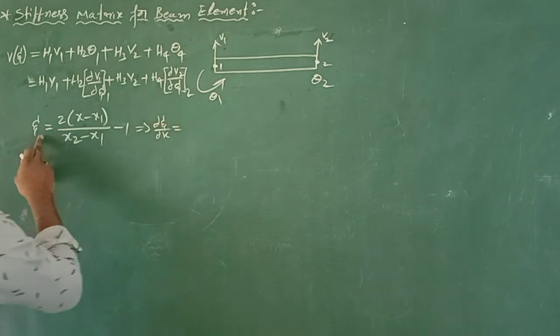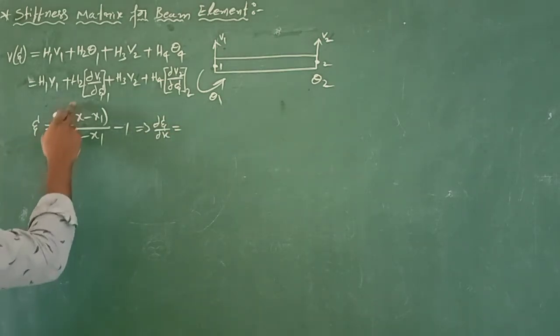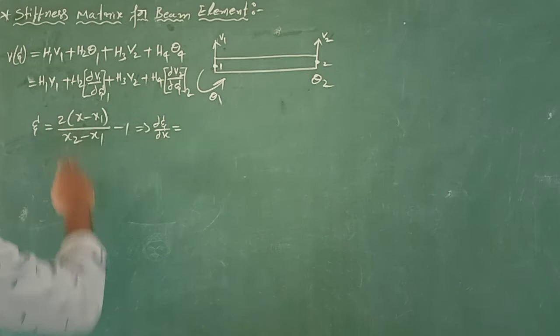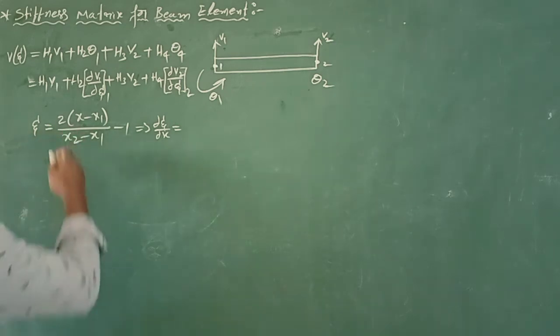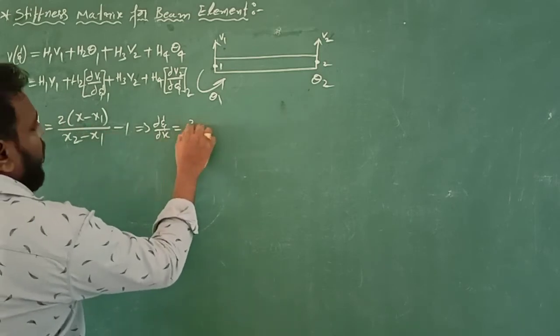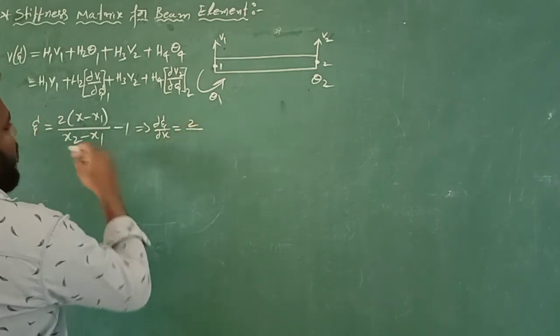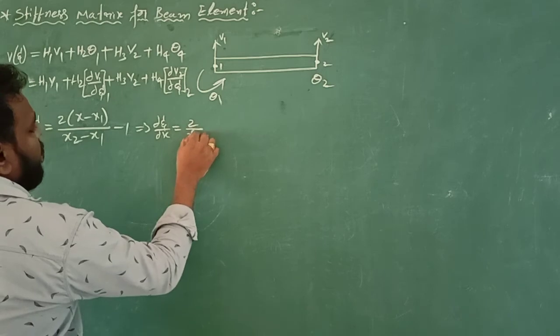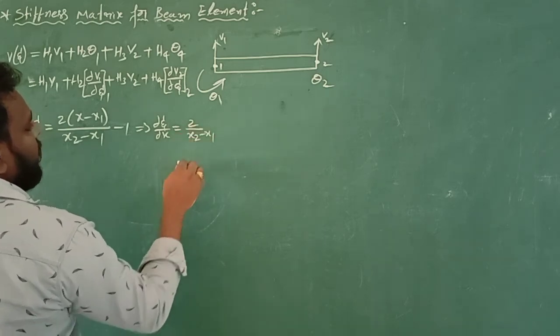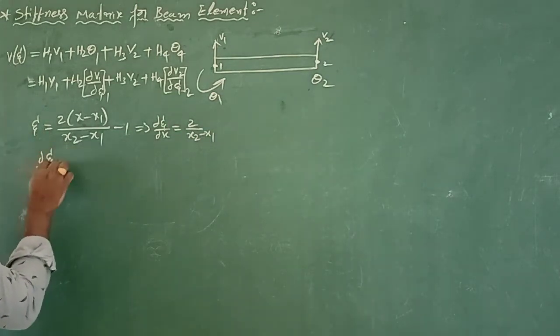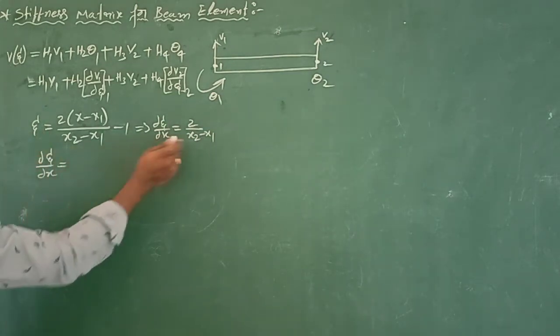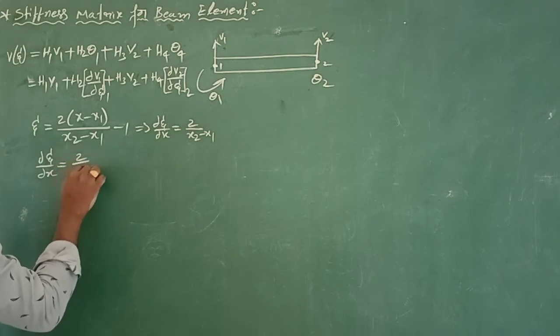Here only one place has x, so this becomes 1, the other term is 0, and the rest are constants. It will become 2 by (x2 minus x1), and x2 minus x1 means LE.